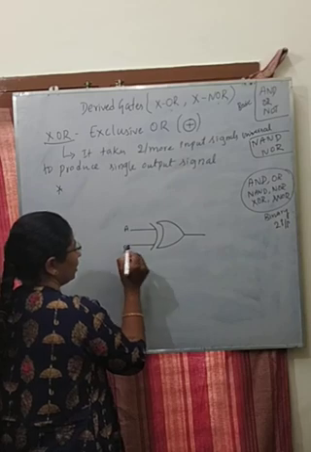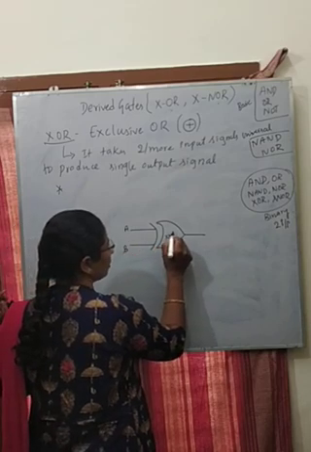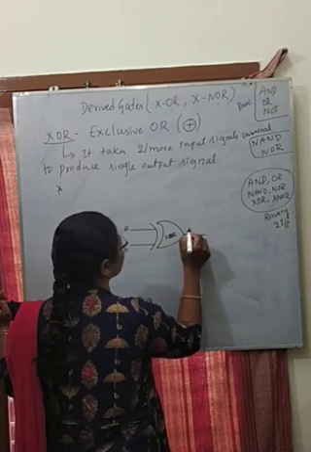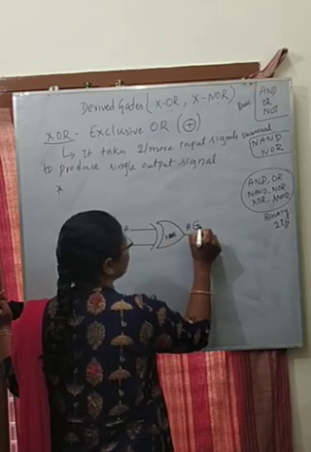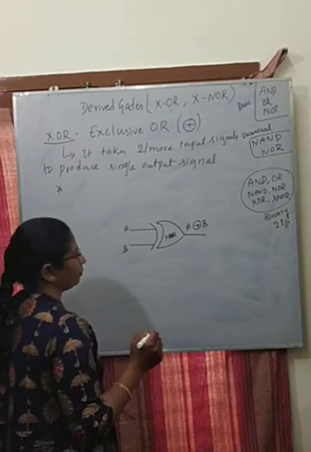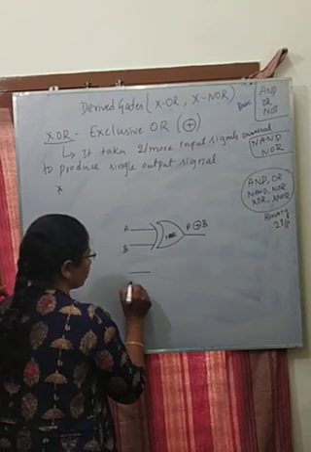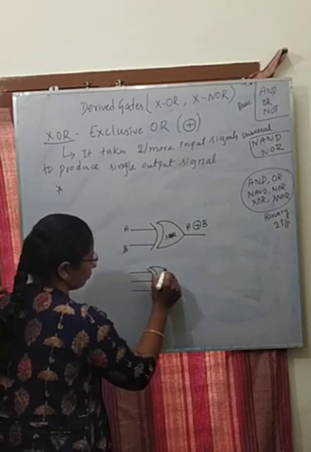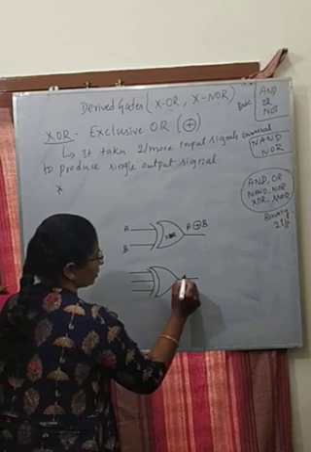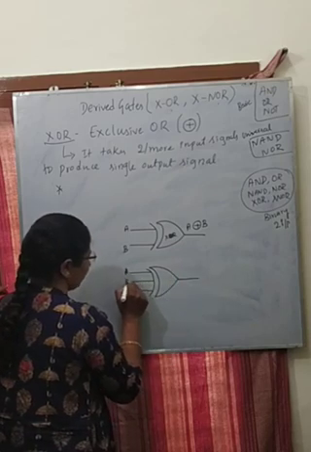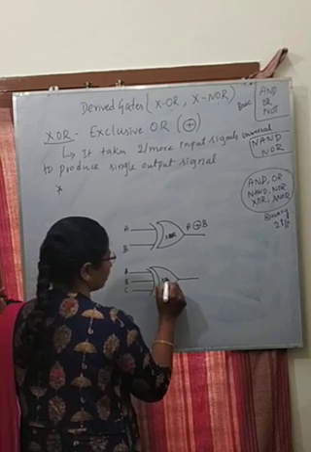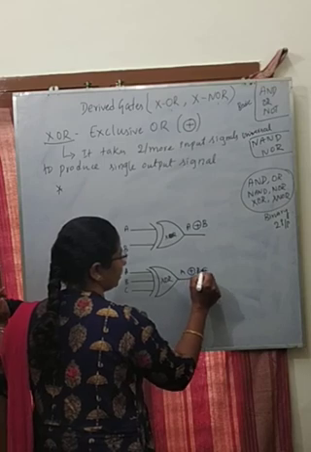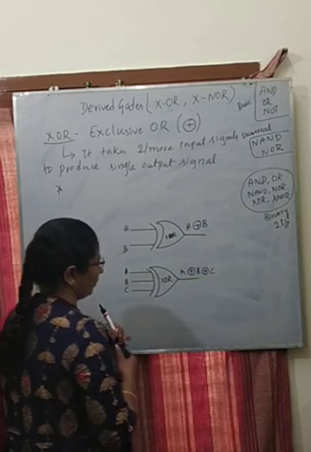If A, B go into the XOR gate, you get the result A XOR B. Similarly, we can write two or more input signals. This is a 3 input variable circuit in the XOR gate: A XOR B XOR C.